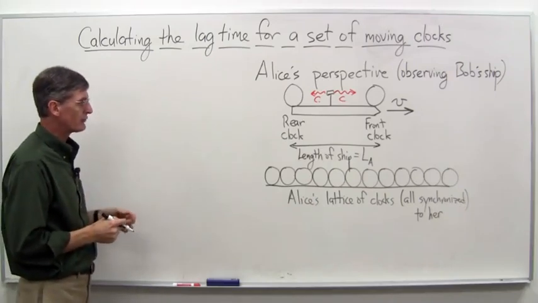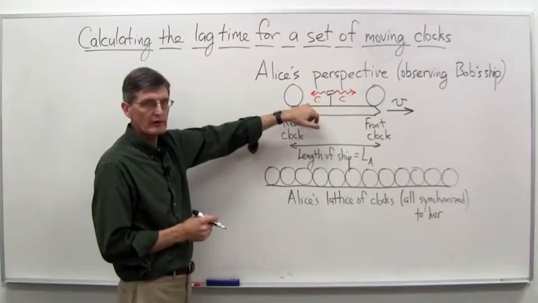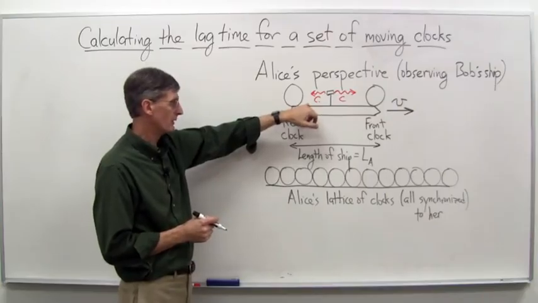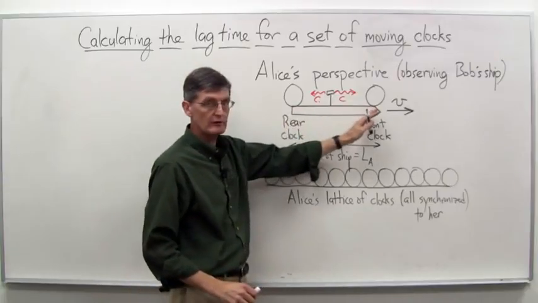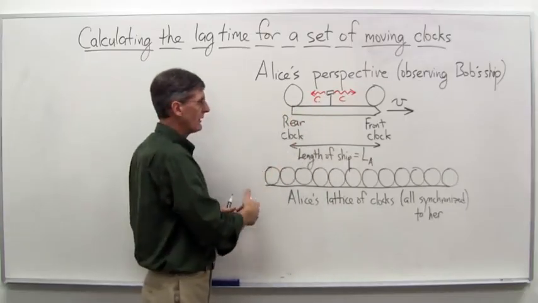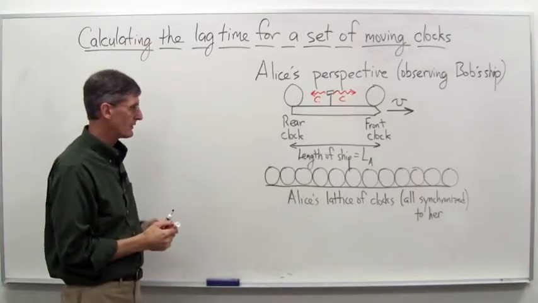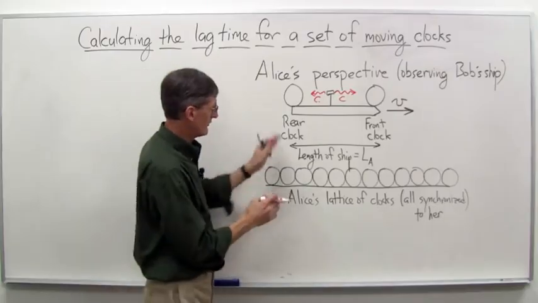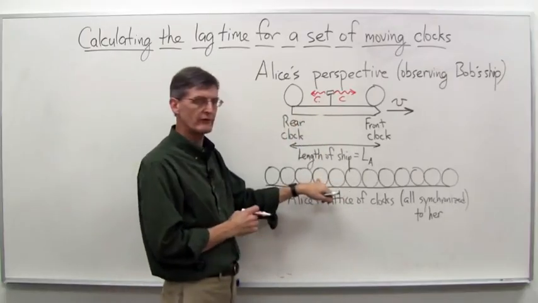So from Alice's perspective, let's look at the rearward going light beam first. Okay? And let's imagine that the ship is traveling along here a little bit, and she sees then a little bit later in time the leftward going, the rearward going light beam hit the clock. And let's say it occurs right here.